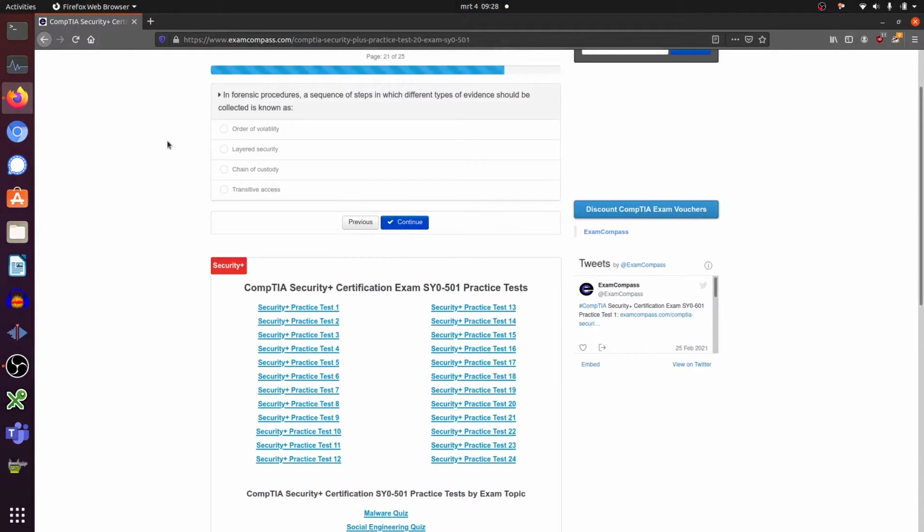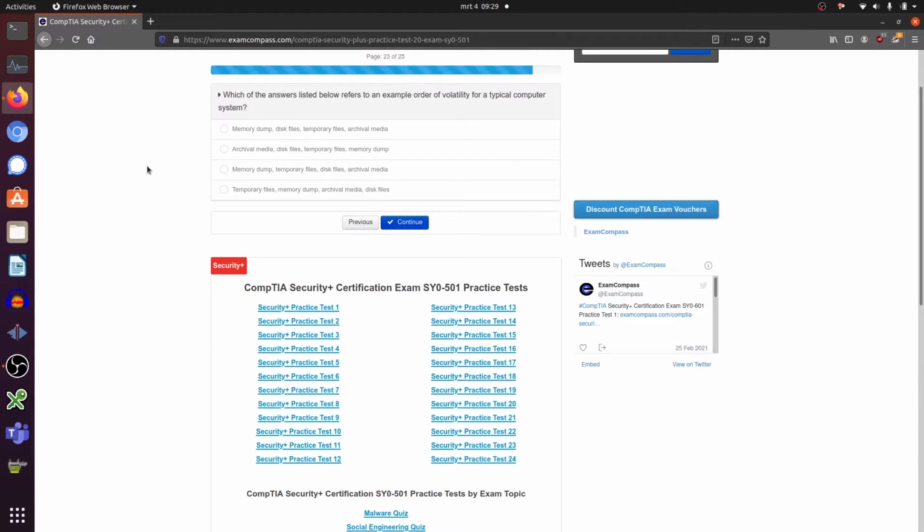In forensic procedures, a sequence of steps in which different types of evidence should be collected is known as the order of volatility. In forensic procedures, a chronological record outlining persons in possession of evidence is referred to as a chain of custody.